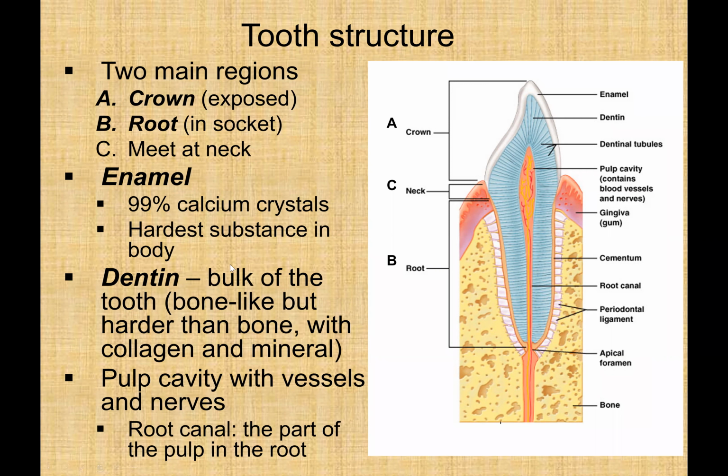And then the dentin is the bulk of the tooth, which is actually embedded within the harder bone, and then we have the root over here. So all this part is the bone, and the tooth is actually embedded within it.